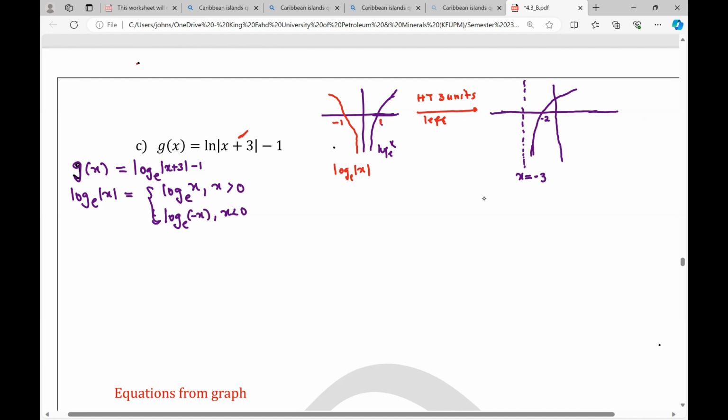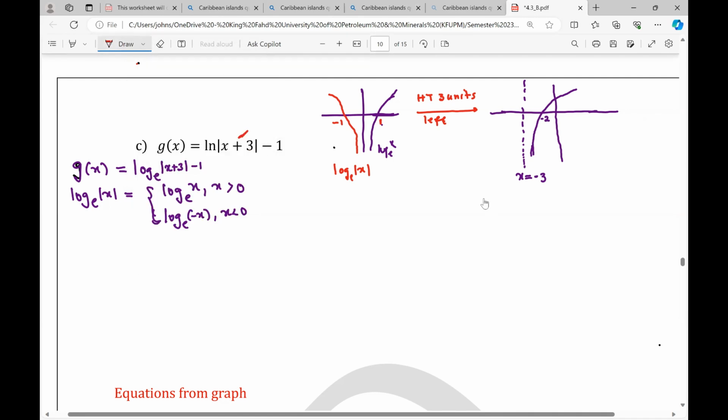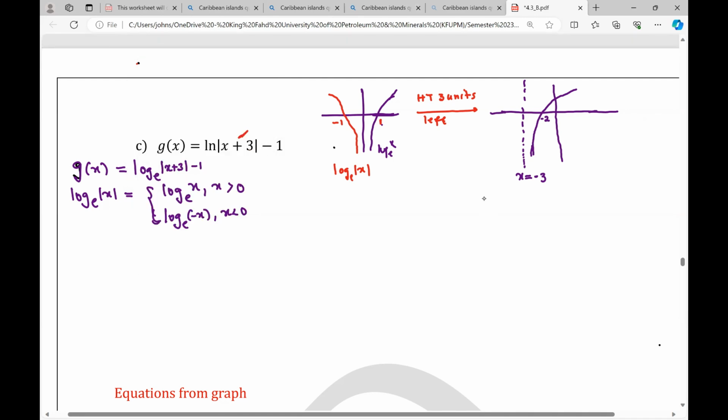Okay. Then this way, you have to move the red one also. Remember the red one here, that's minus 1. If you move minus 1 back once, it will be at minus 2. You move it back 2, it will be at minus 3. You move it again, it will be at minus 4. So this will be something like this.